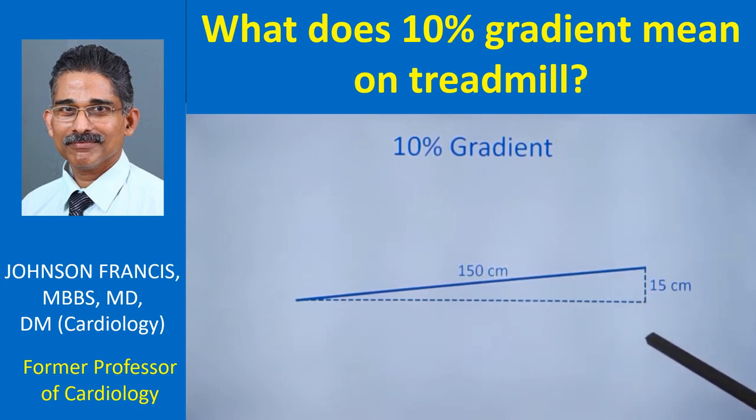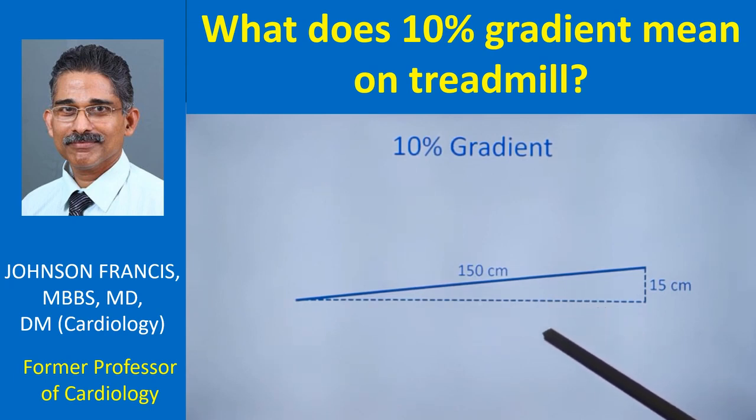That is why in modified Bruce protocol, which is meant for less fit persons, the first stage is with 0% gradient. Earlier, this was even called as stage 0, and second stage of modified Bruce protocol was called as stage half, and the current stage 3 of modified Bruce protocol was called as stage 1.